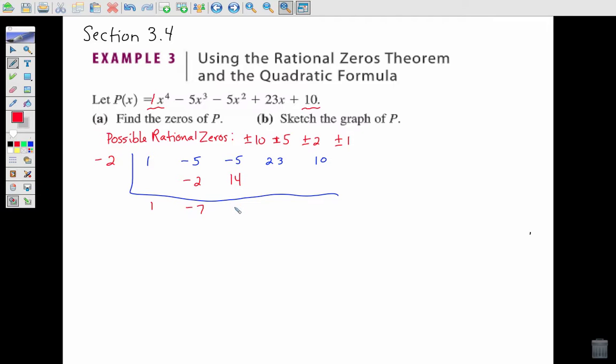And that gives us 9. And so we get 0. Okay, so that's our first zero. And then we're going to start from here.